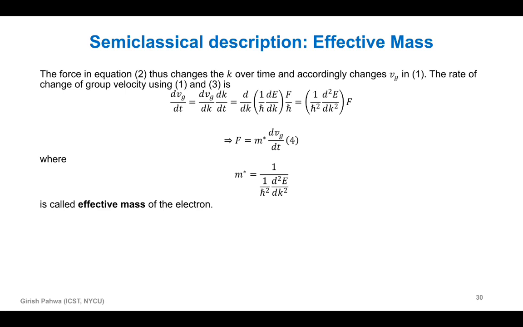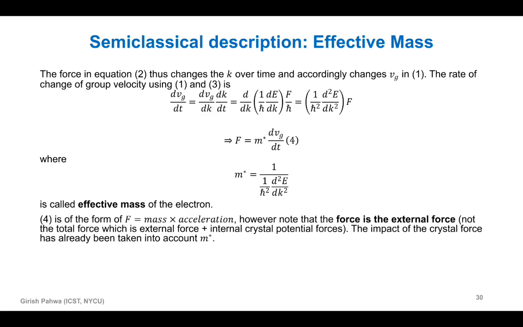So you can replace the whole crystal structure, or the information of the crystal, with a classical particle, but you'll have to replace the mass with the effective mass, plus you'll have to replace the velocity with the group velocity of the wave packet. So force is equal to mass times acceleration, and acceleration is dVg by dt.